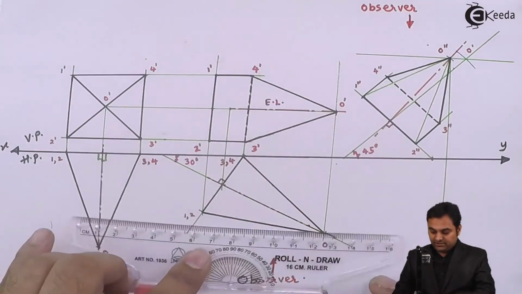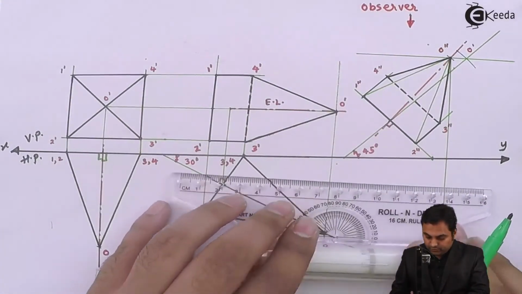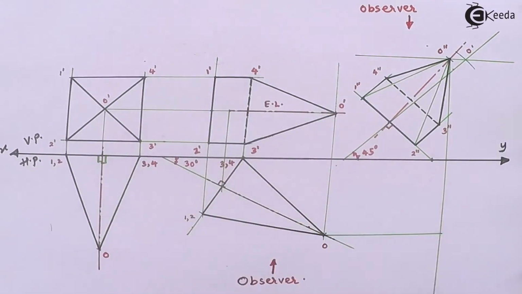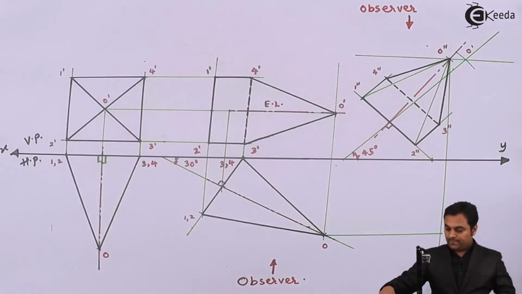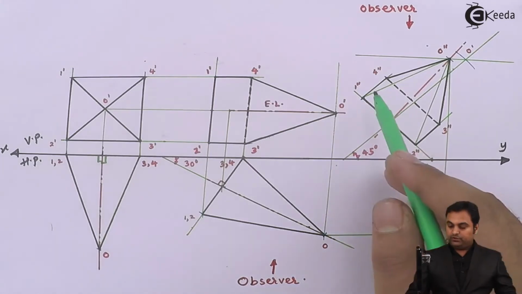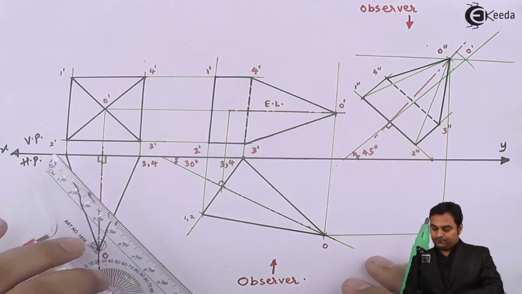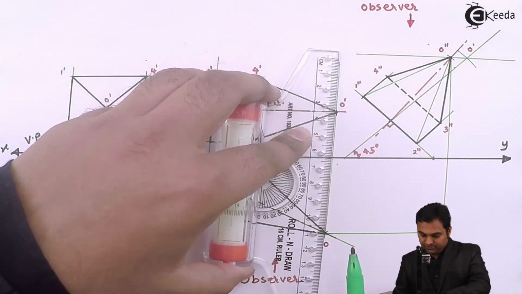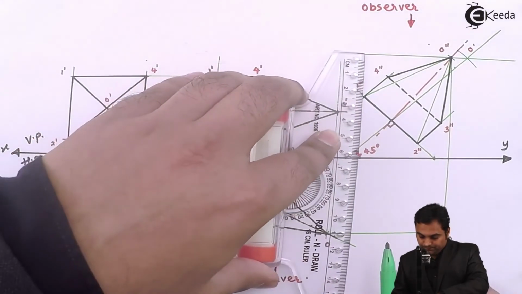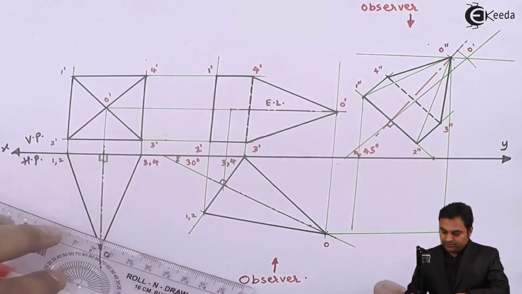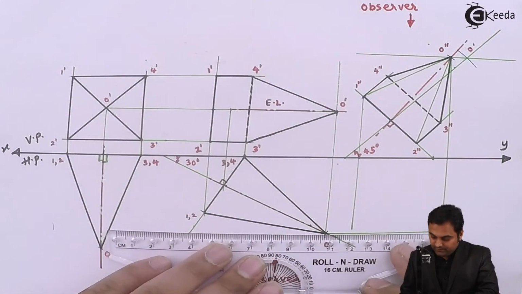So O double dash here and point O from the top view. Wherever they intersect, here we get the apex, that is point O. Next, point 1 double dash will be projected, and from here point 1 will be projected.